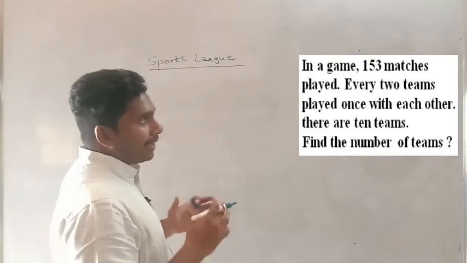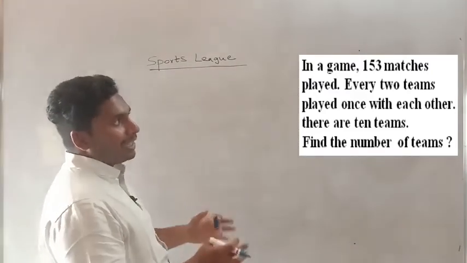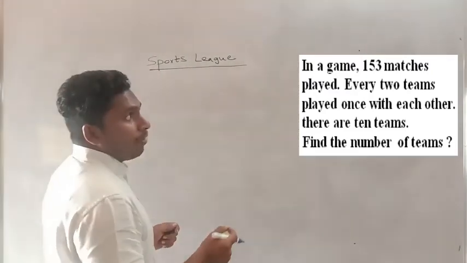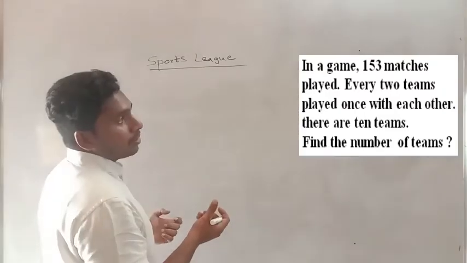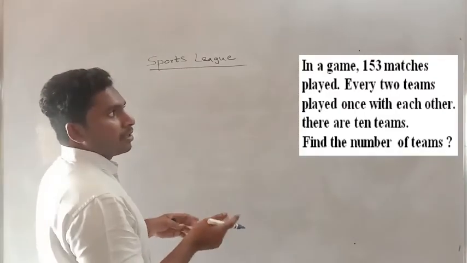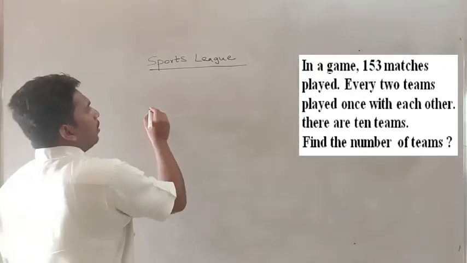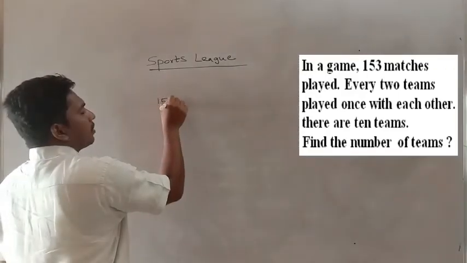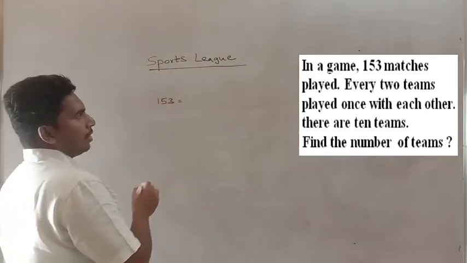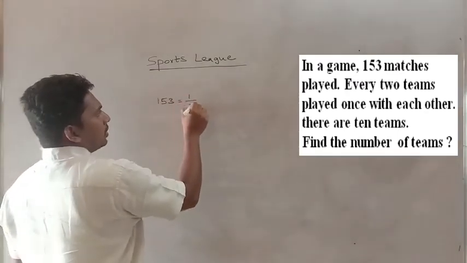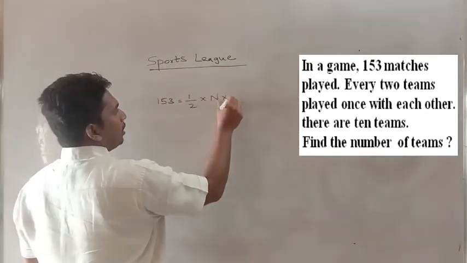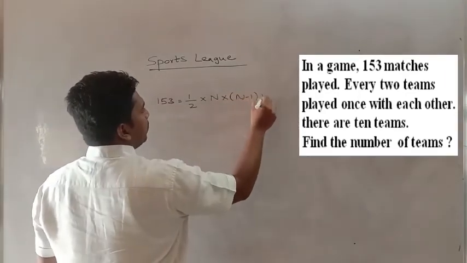Here in a game 153 matches are played. So these are not teams, they are matches. The total number of matches is 153, and that equals half into n into n minus 1 into p.